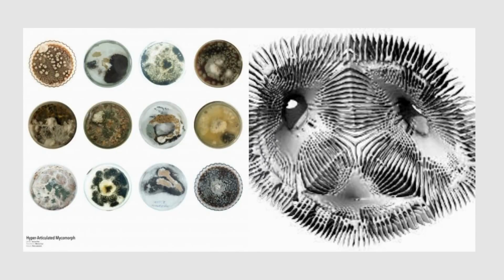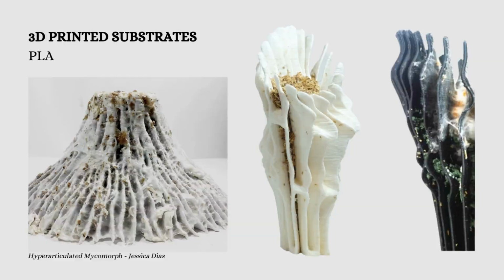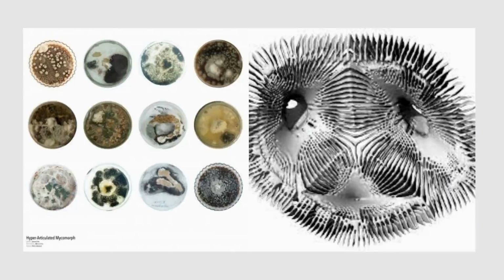This is meant to be a table. And you can see that she printed these pieces all separately, small pieces, and started at a smaller scale, then worked her way up to a larger scale. As you can see on your left, that's a larger piece that has been inoculated and has been incubating and growing.